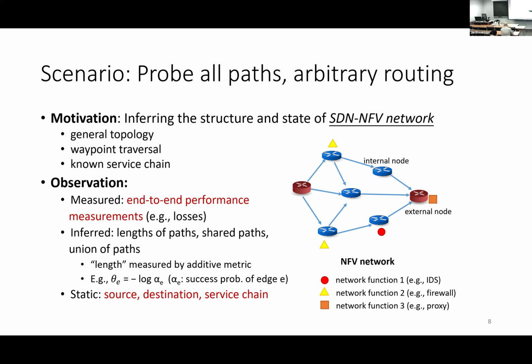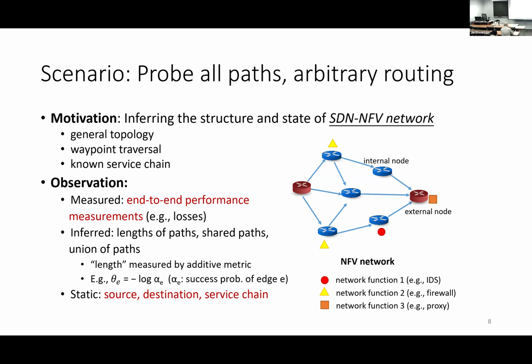Even if I have a single source and single destination, I may have multiple flows, data flows or probing flows. And I can use SDN rules to set up a non-tree-based routing path. I may have a path going like this, I may have a path going like that. Because I can use generalized forwarding, I can probe all those paths.